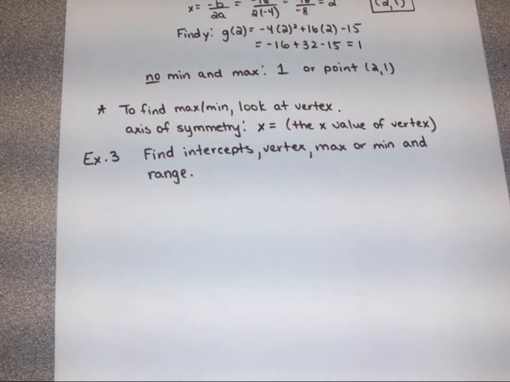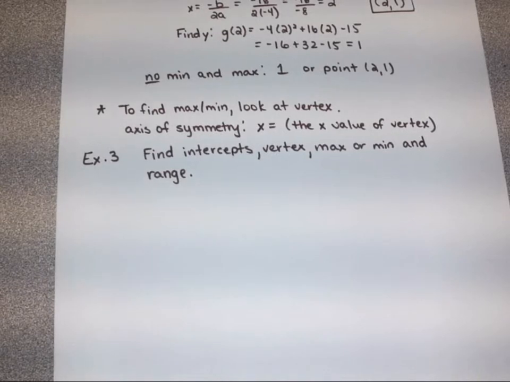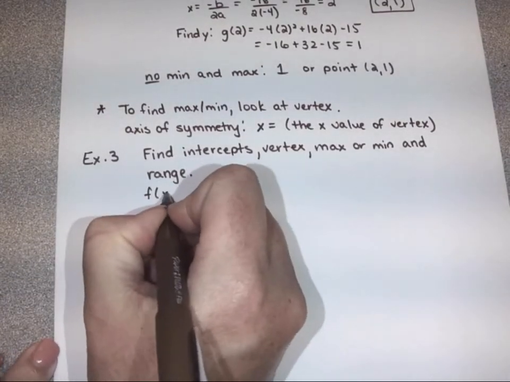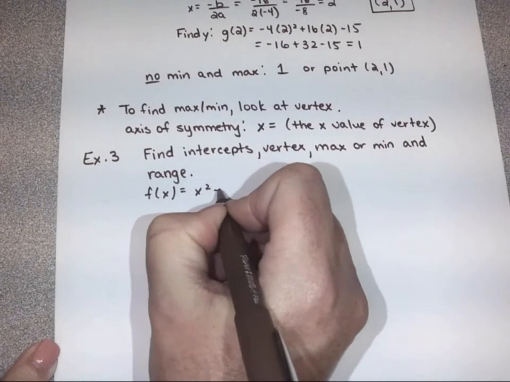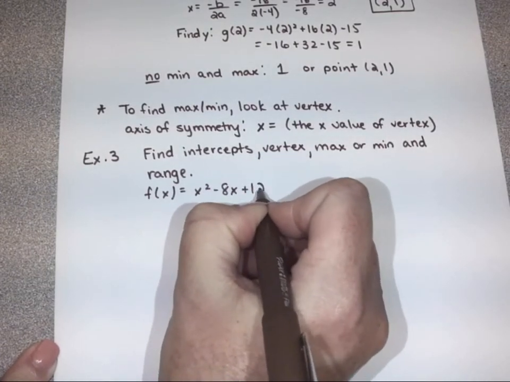So notice I added in something there. I asked you to find the range. But we'll be able to find the range if we can just get a good graph. So that shouldn't be too hard. All right, so I guess I probably should give you the function, right? That would be helpful. So x squared minus 8x plus 12.